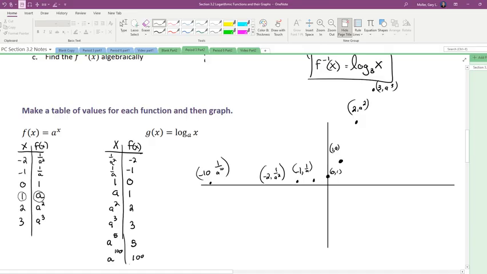So if we graph those points, we just get this point here, which is 1, 0. We go over a and we get to a height of 1. We go over a squared and we get a height of 2. We go over 1 over a and we're going to be down at -1.